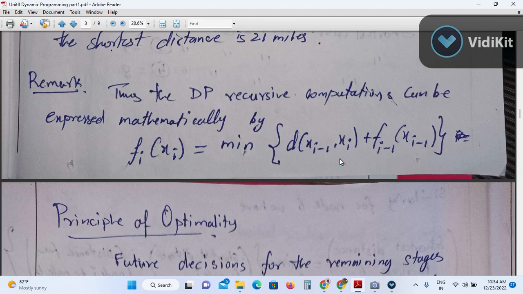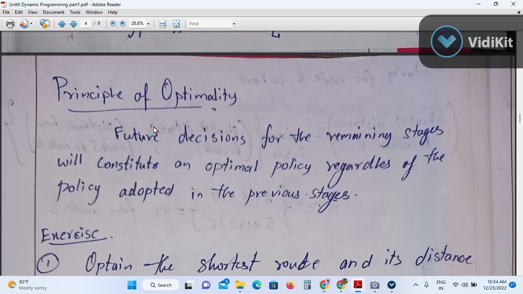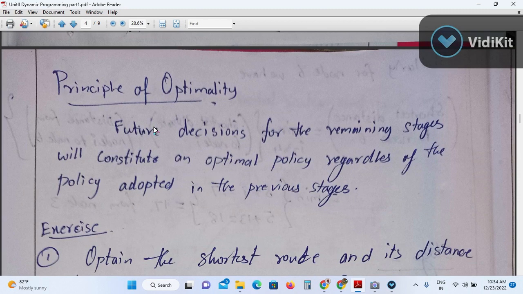So taking these two, summing up, and taking the minimum, we assume it as fi of xi. So mathematically we observe this. The next one is the principle of optimality. What is the application we observed in this example?